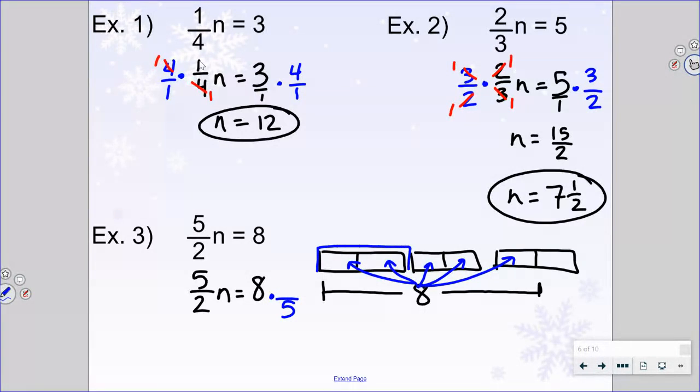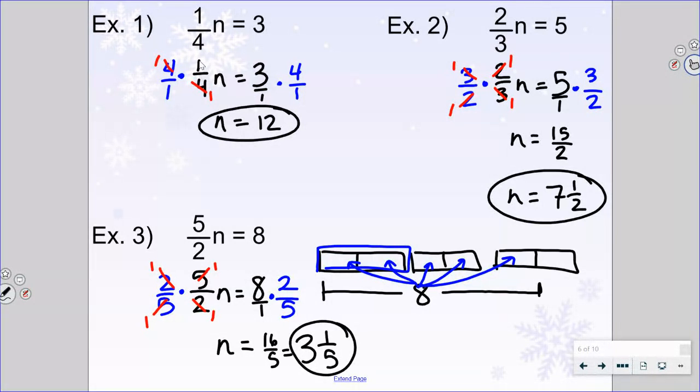But then to find the whole, we only need 2 of those parts. The multiplicative inverse of 5/2 is 2/5. Algebraically, naturally, all that cancels out, leaving us with a single n. 1 whole n is equal to 16/5 is a good answer. 3 and 1/5 is a great way to write it.